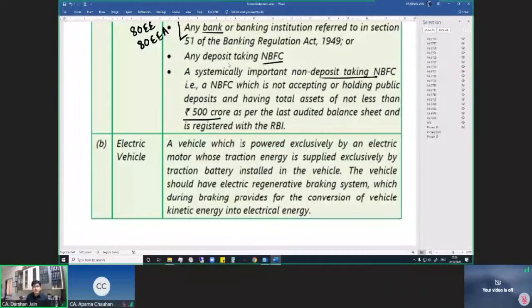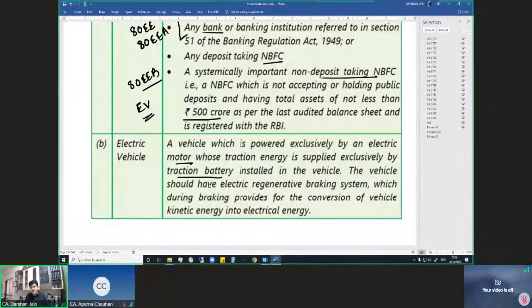So if you're taking a loan from any of these organizations, you could claim deduction under section 80EEB in respect of a loan taken for purchase of an electric vehicle. Now what is an electric vehicle? This electric vehicle is powered exclusively by an electric motor whose traction energy is supplied exclusively by traction batteries.